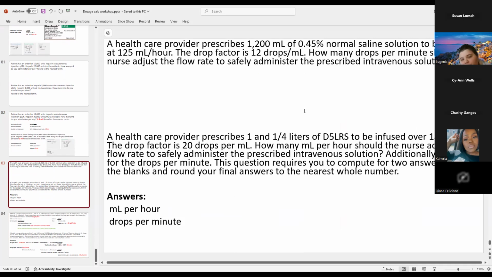All right, so what are you going to use here to solve this? 125 divided by the 60 and then times it by 12. That's one way you can do it. So do the top and the bottom.